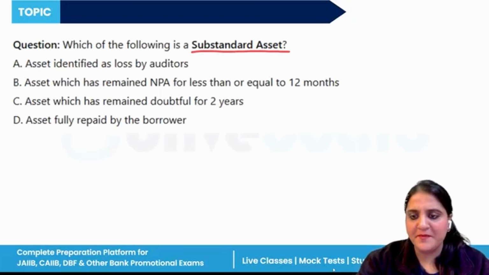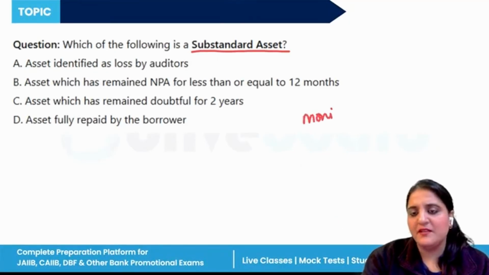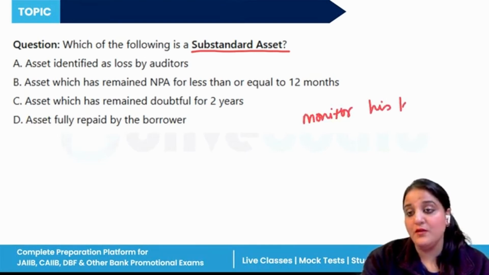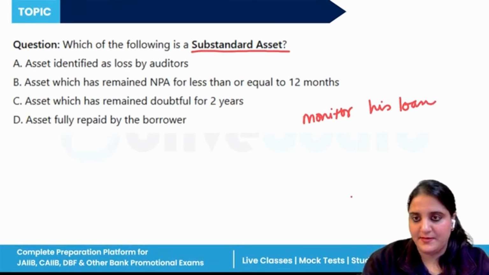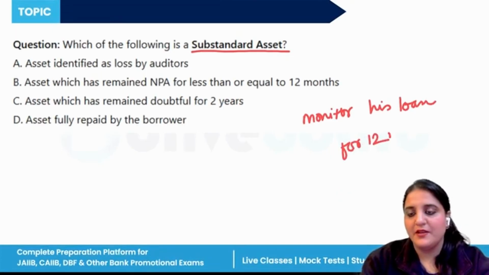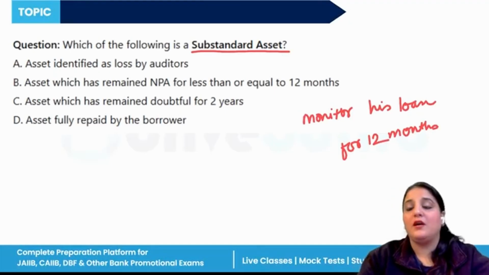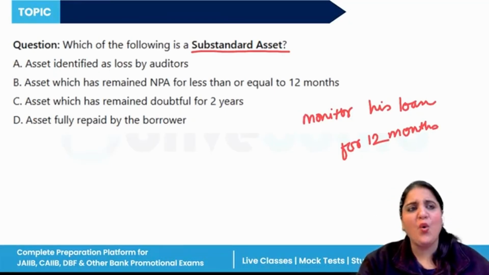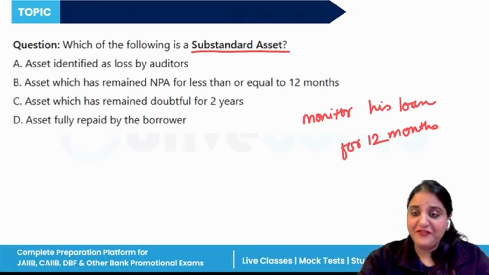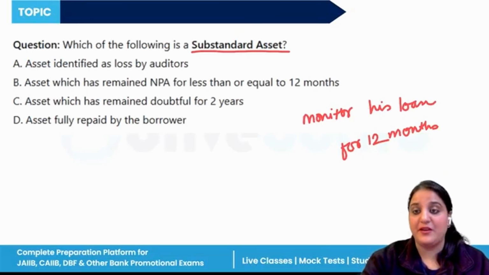We can continue with Mr. Sharma's case. Your branch monitors his loan for 12 months. In the first year, he misses the payments, but occasionally pays small amounts. After a year, his loan is still irregular.